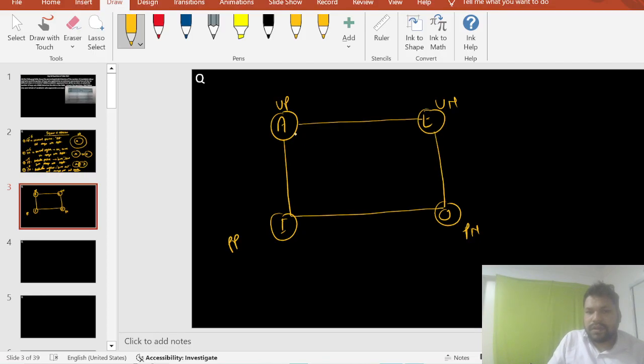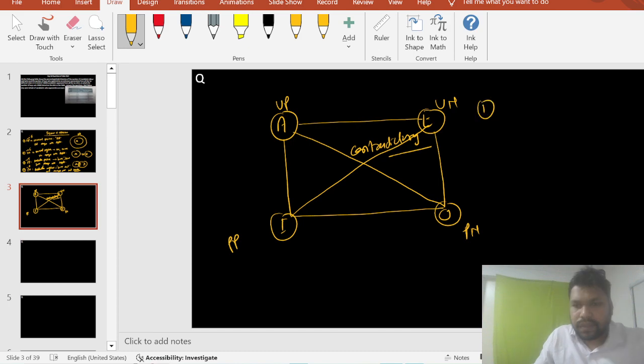See, in that there are four types of statements. These are called contradictory statements. Contradictory means if one sentence is false, you have to search for another sentence that should be true.